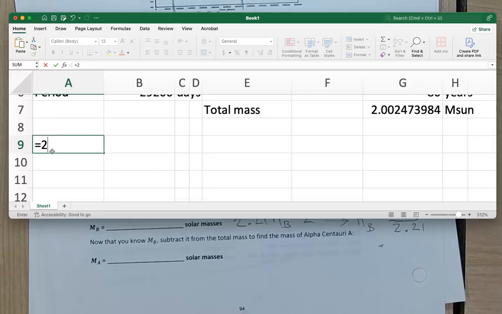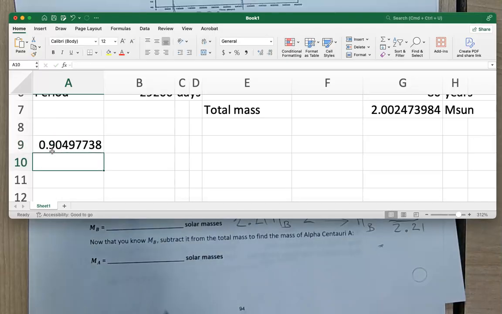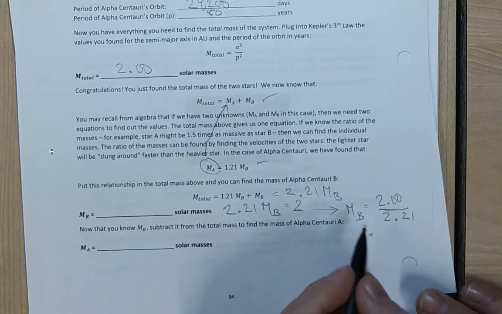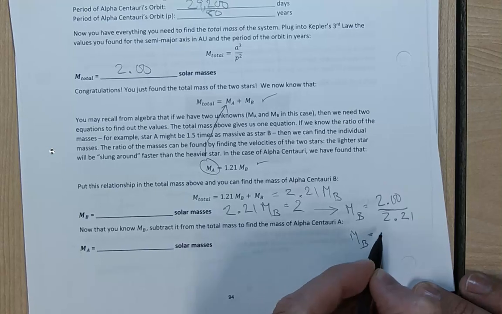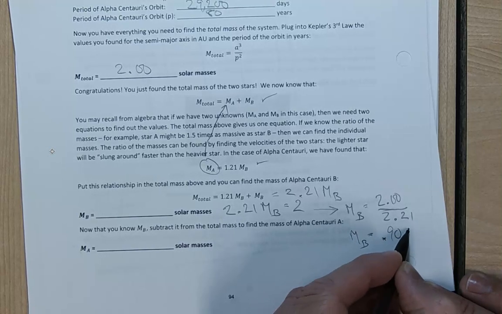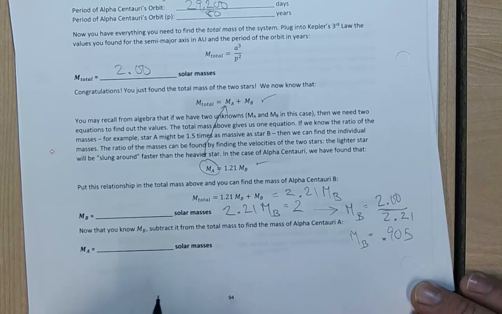What is 2 divided by 2.21? Okay, 0.905. Okay, so then the mass of star B must be 0.905 solar masses.